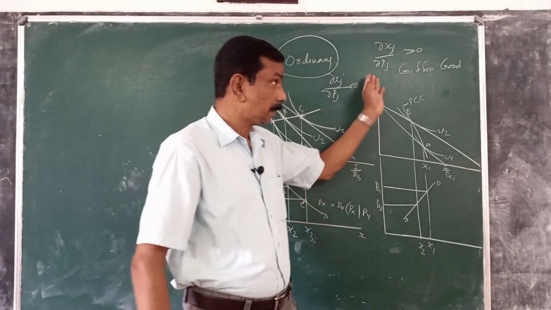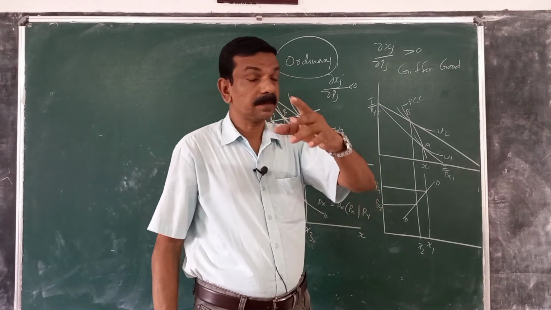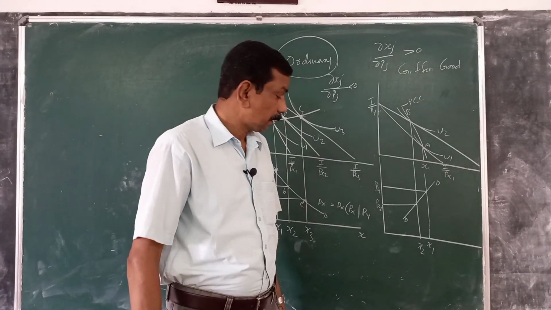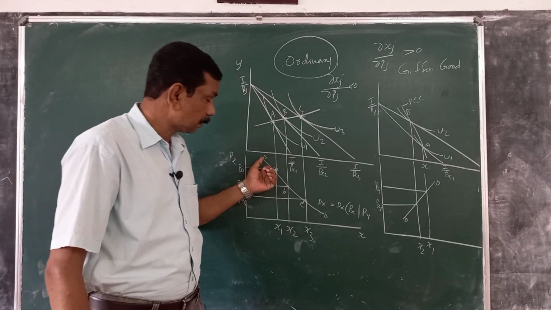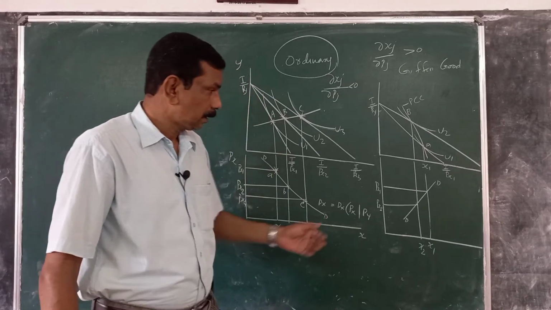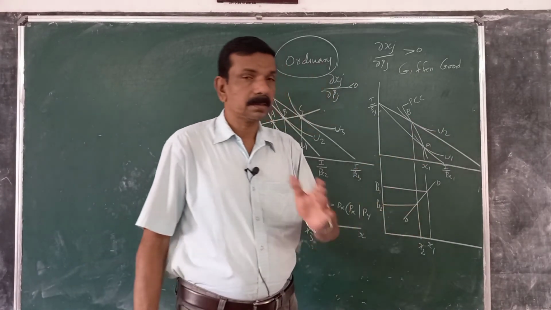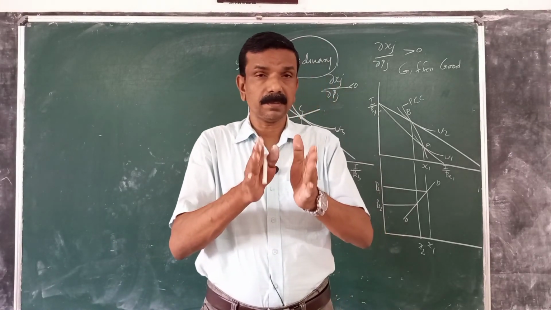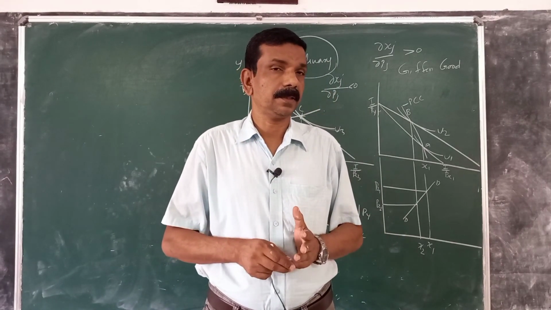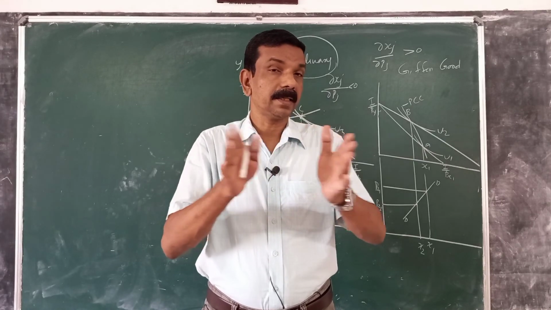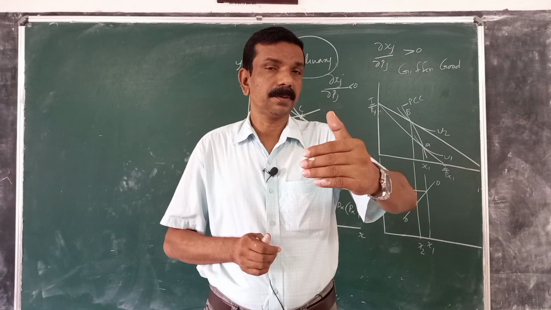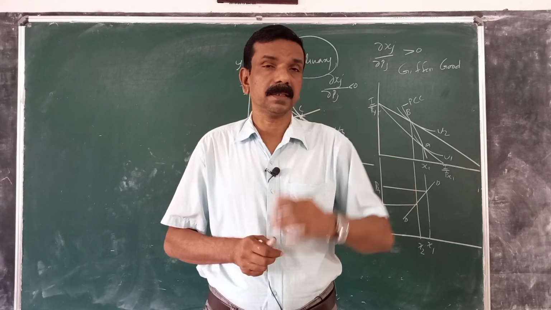So, in terms of price effect, we classify commodities into ordinary and Giffen. In the case of ordinary goods, the demand curve is negatively sloped. In the case of Giffen goods, it is upward sloping. In terms of income effect, commodities are classified into normal and inferior. Normal itself is divided into luxury and necessity.